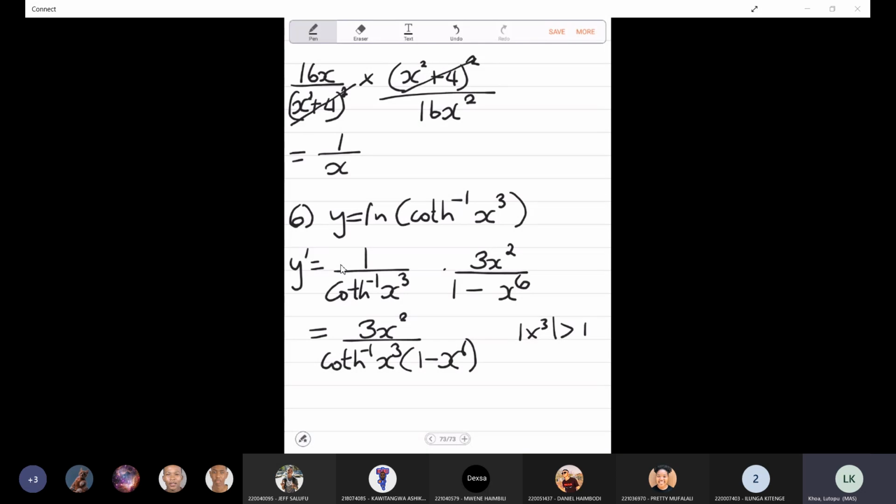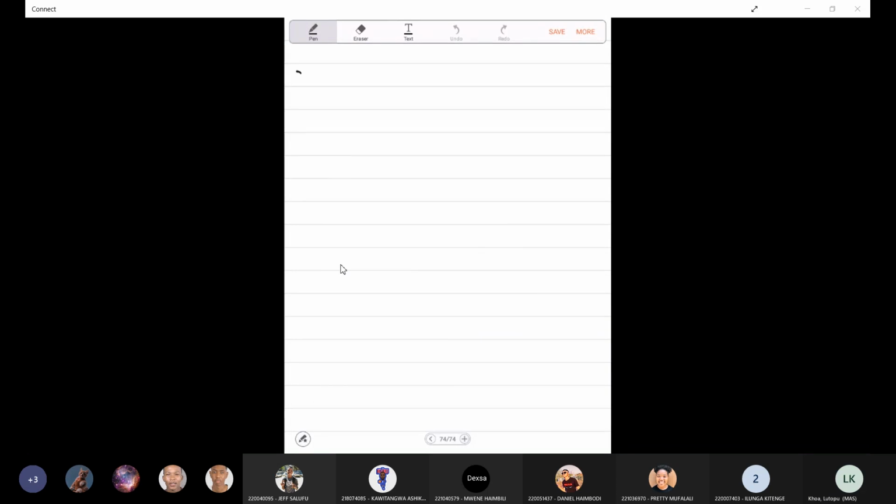Okay, then number 8. We would do in the same way. Number 8, we have y is equal to the square root of hyperbolic cos inverse of 4x.